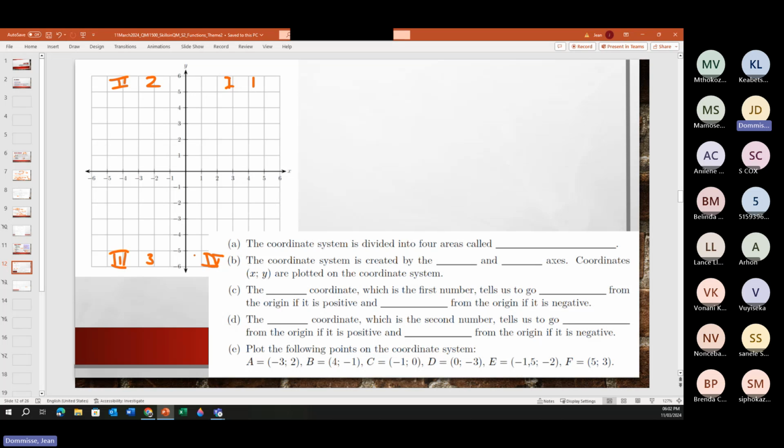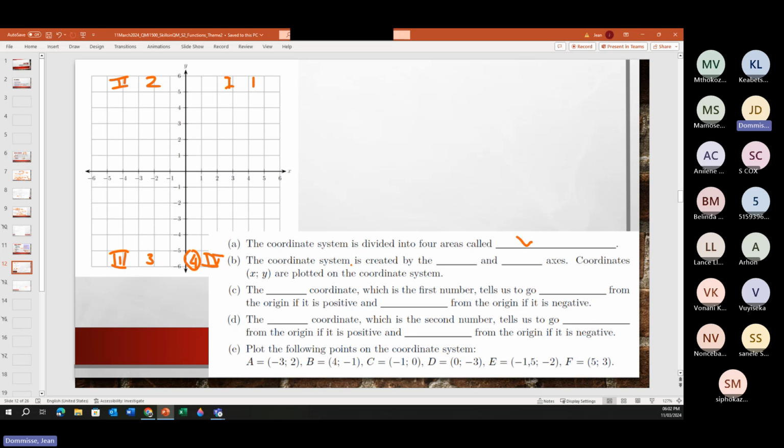I'm showing you both because different textbooks and different articles on YouTube, or if you Google it, might give it in different formats. So whenever you look at the quadrants, it can be in normal numbers, or sometimes they represent it in Roman numerals. Those 4 areas are called quadrants.